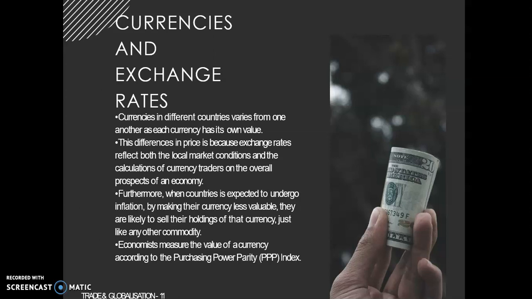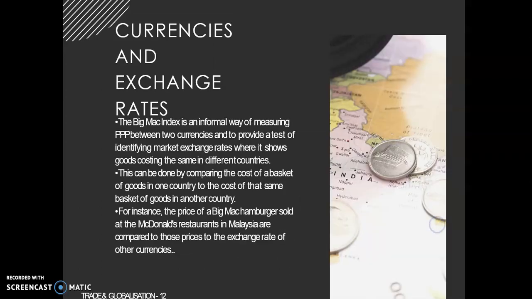This can be done by comparing the cost of a basket of goods in one country to the cost of that same basket of goods in another country. For instance, the price of a Big Mac hamburger sold at McDonald's restaurants in Malaysia is compared to those prices at the exchange rate of other currencies.